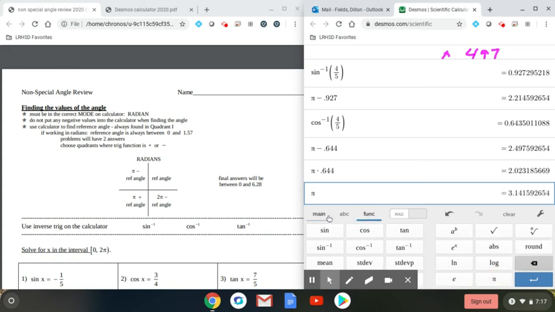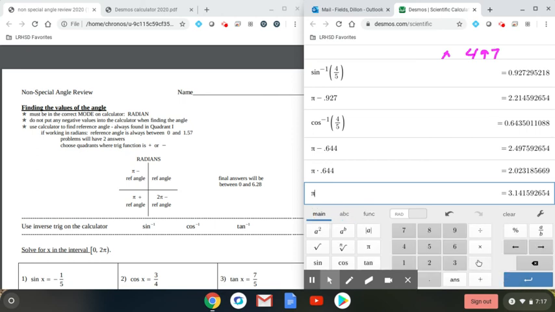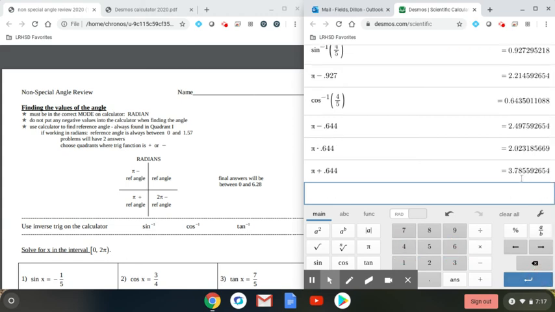So that answer didn't make much sense. All right, that answer makes a lot more sense. So your second answer would then be 3.786. All right, so our two answers would then be 2.497, or 2.498, I guess, and 3.786. All right, those would be your guys' two answers.